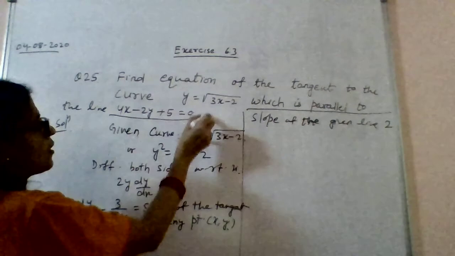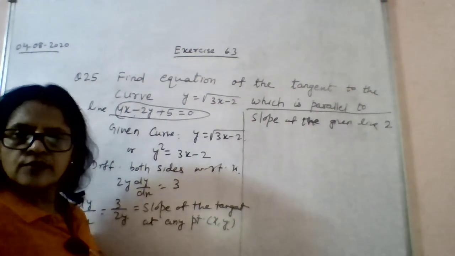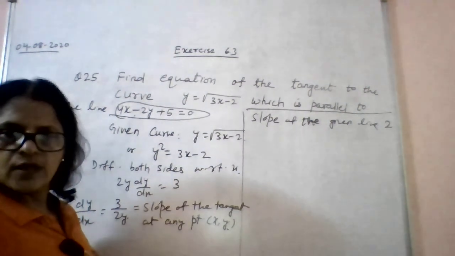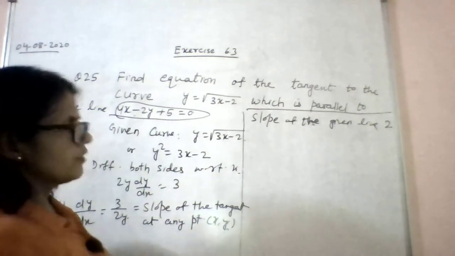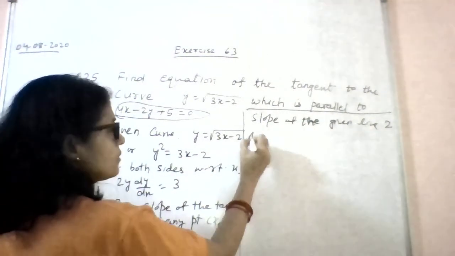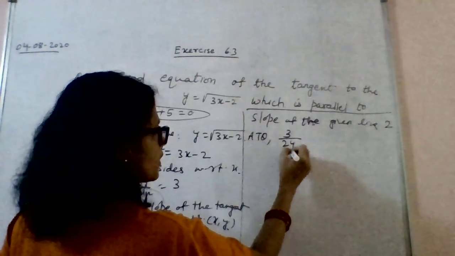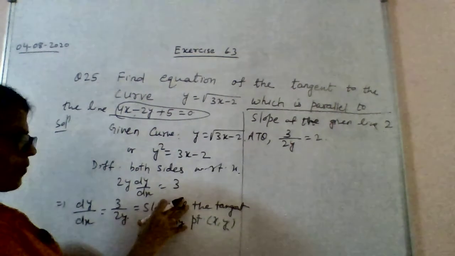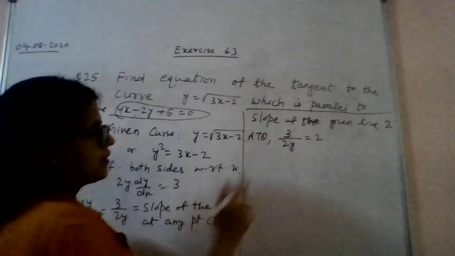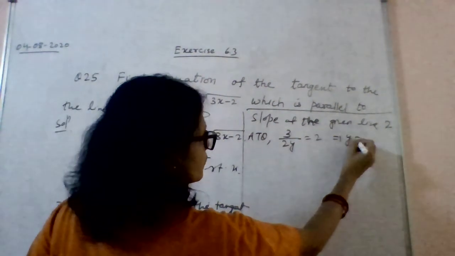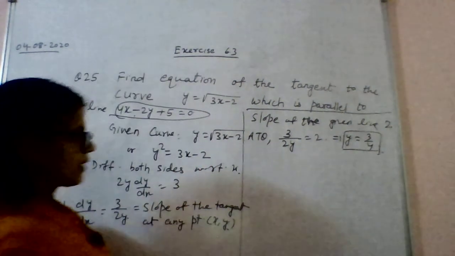The line is in the form ax plus by plus c equal to 0, so the slope of the line is minus of coefficient of x by coefficient of y, which means minus of 4 by minus 2, that is equal to 2. So according to the question, 3 by 2y equal to 2, slope of the tangent at xy equal to slope of the line. So this gives us y equal to 3 by 4.